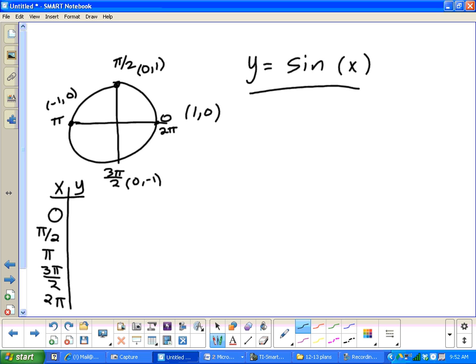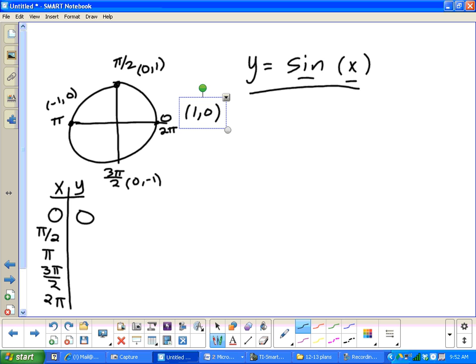Now, the y value here is going to be, well, what's the sine of that angle? At 0, what's the sine of 0? How do we find the sine on the unit circle? The y coordinate, right? So what's my y coordinate there? 0.